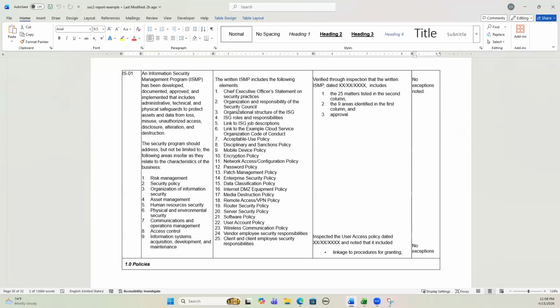This is exactly why you cannot stop at the opinion letter. And just to mention, if the control did not pass, you will see something like exception noted, and it will give you a short explanation of what the auditor was able to find.